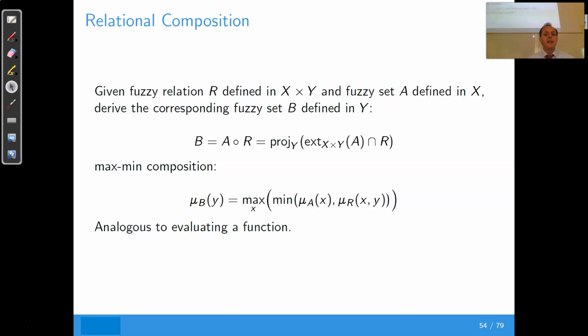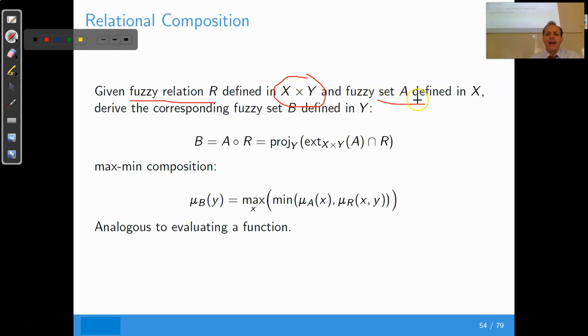So we will see in the second part of this module how we can represent, by using these operations, a fuzzy model depending on its form. Given a fuzzy relation R defined from the Cartesian space X times Y, and a fuzzy set A defined in X, derive the corresponding fuzzy set B defined in Y according to this relation.